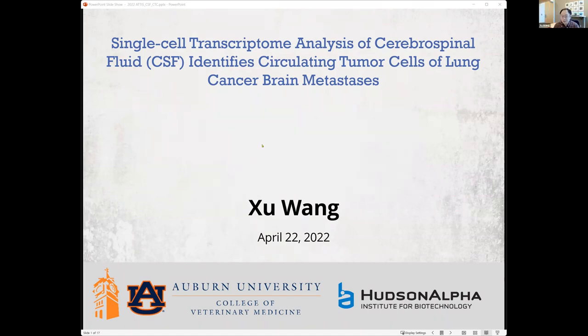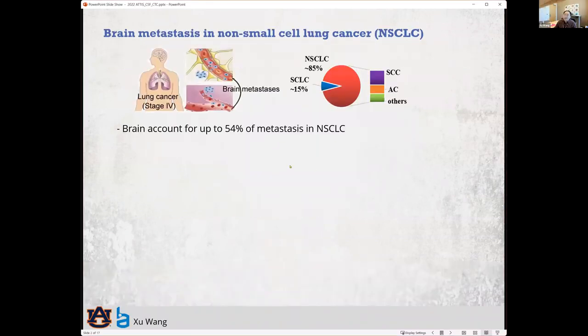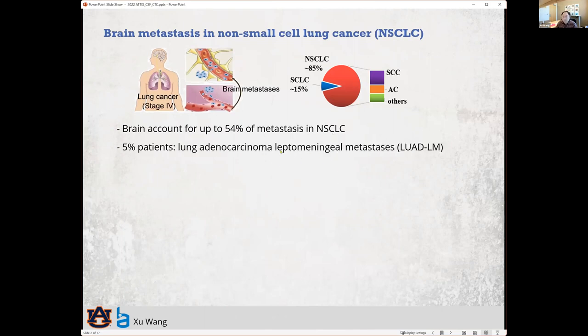Thanks, Chen. I'll jump right in. Non-small cell lung cancer is the most abundant form of lung cancer, and at later stages metastases often occur, and the brain is a major target. Over 50% of metastases in NSCLC are in the brain.